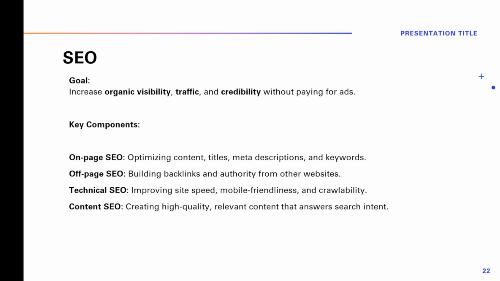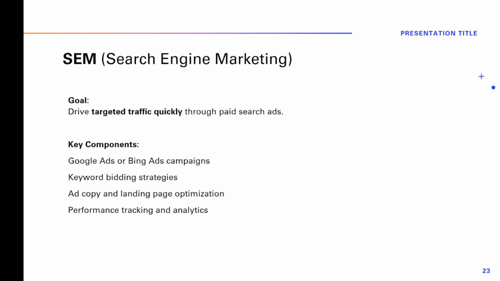And of course, there is content SEO, which just involves creating high-quality, relevant content for your potential audience. Moving on, we have search engine marketing, which basically involves creating ads on search engines. So this is the sponsored advert you see on the search engine results page. This is what search engine marketing is all about.